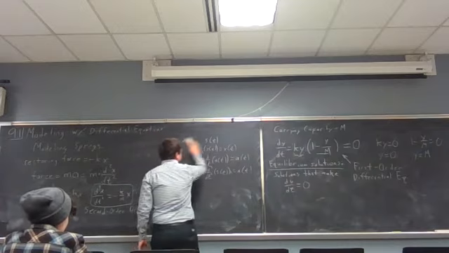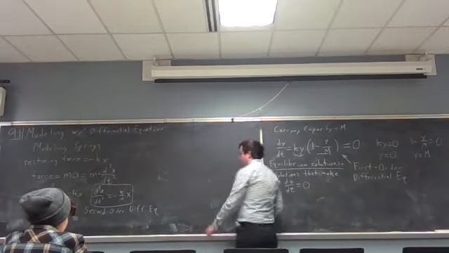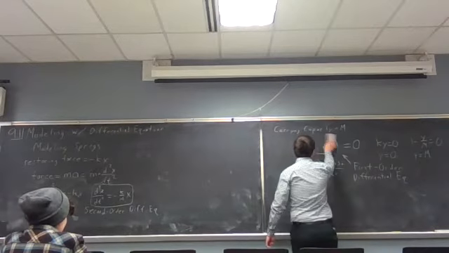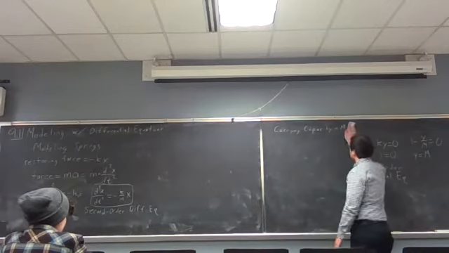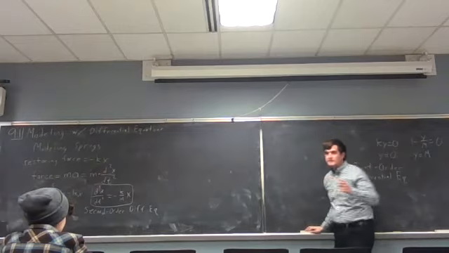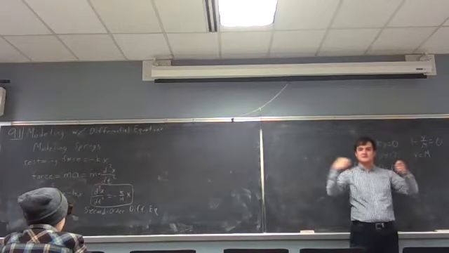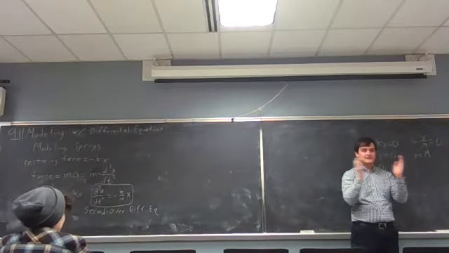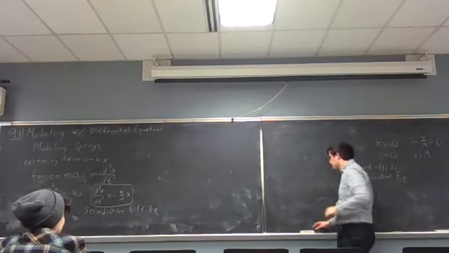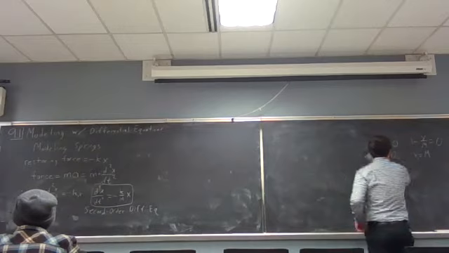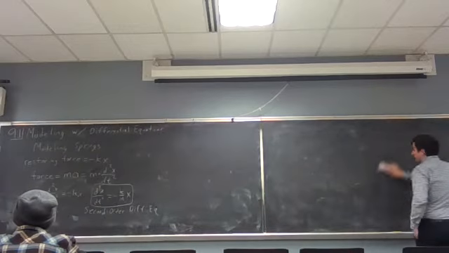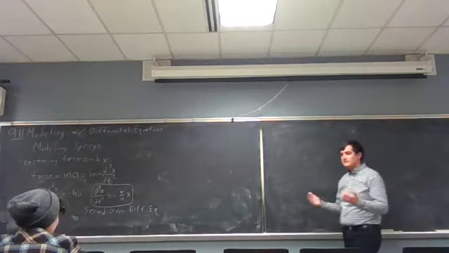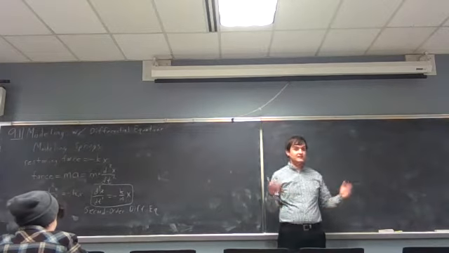I'll mention while I'm erasing some stuff here, the solution to that, even though we can't technically solve it, isn't actually too hard to guess if you think through it, right? Let's remember what a spring does. If I stretch it out, it's going to go down, but it doesn't just go down and then stop, right? It usually fluctuates. So we want some sort of function that's going to be periodic in some way, that's going to have a wavy motion, right? The functions we know like that are sine and cosine.